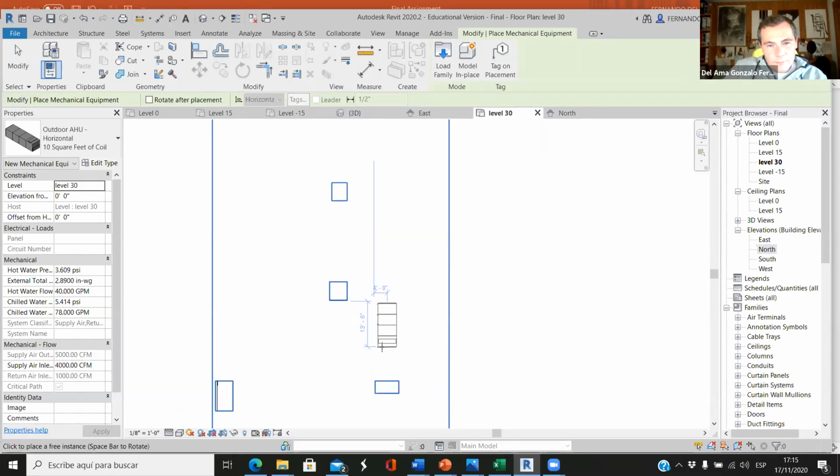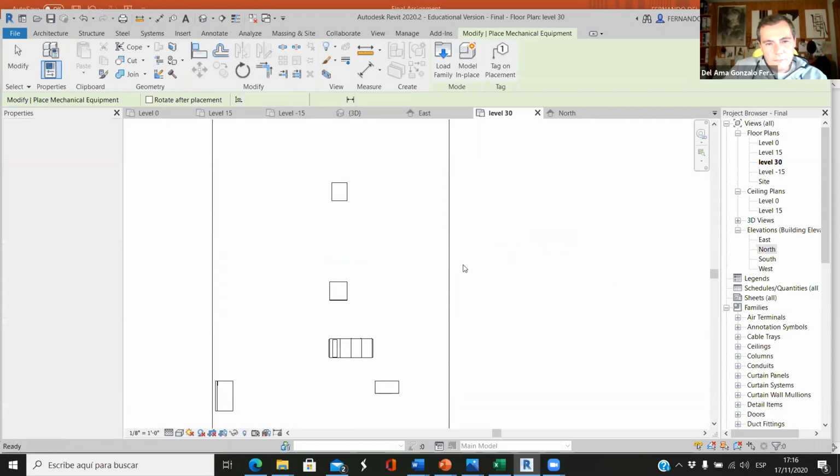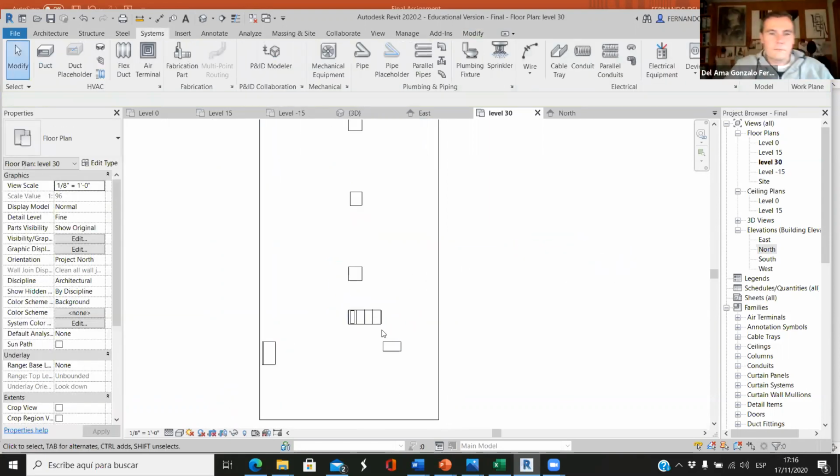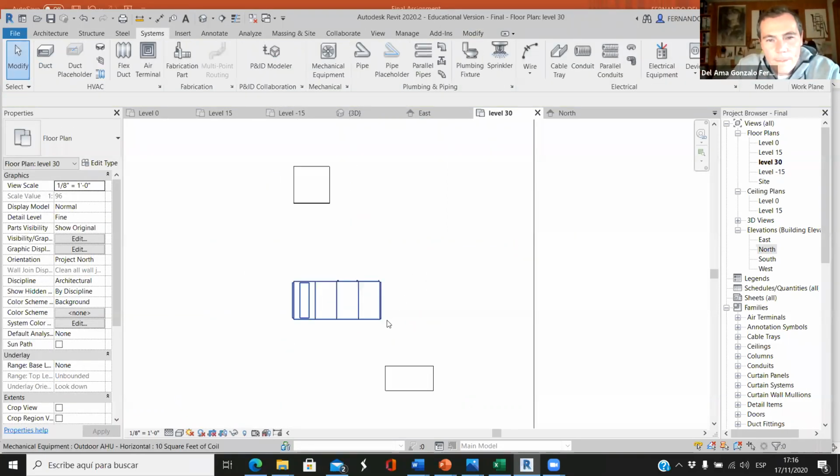I don't know, because this is the supply shaft. So we need to minimize the air ducts. Okay, let's try.